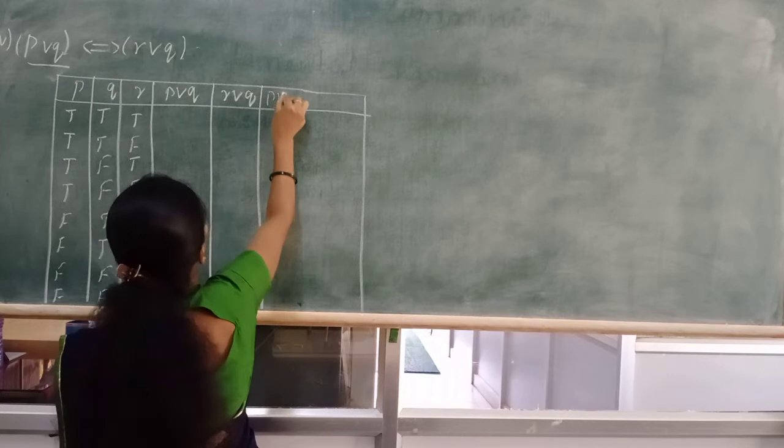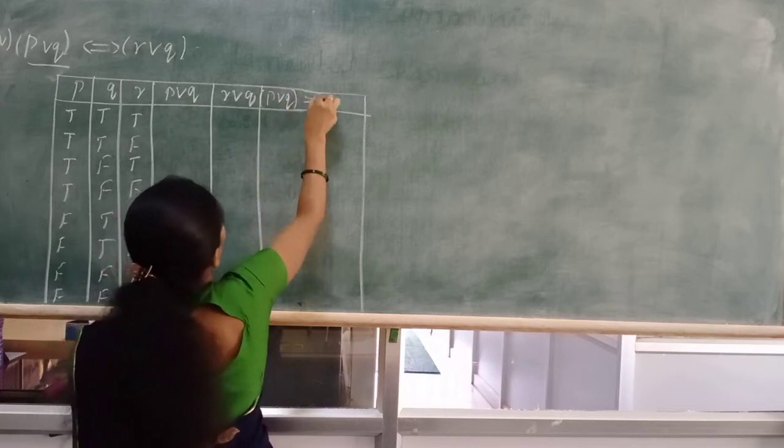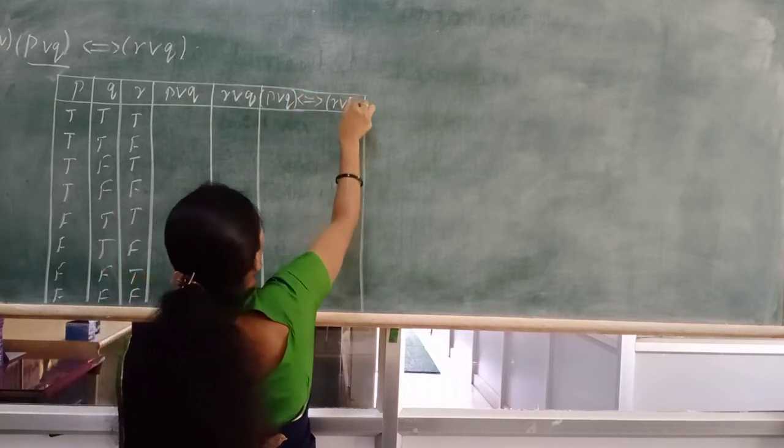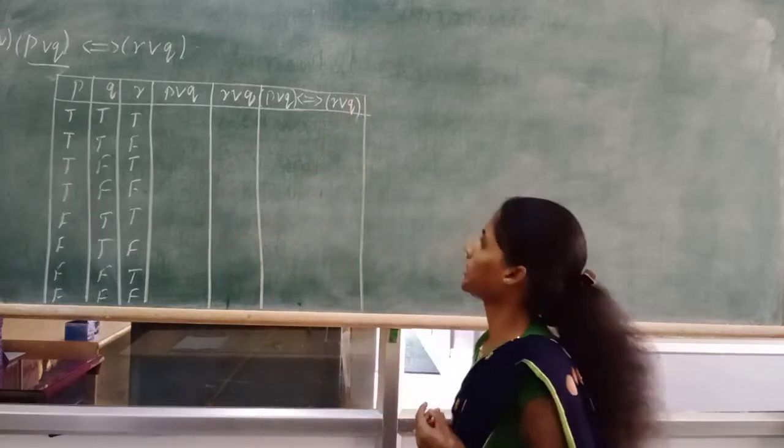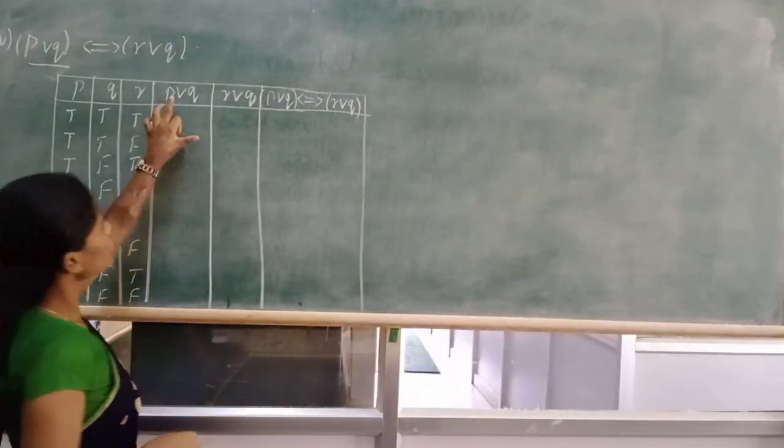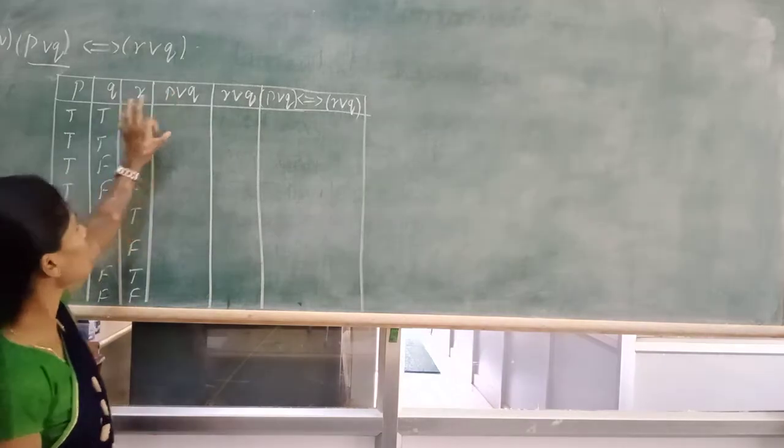The ∨ means it is the disjunction statement.